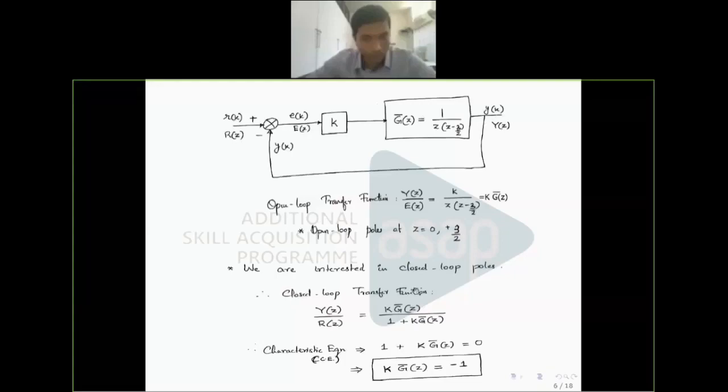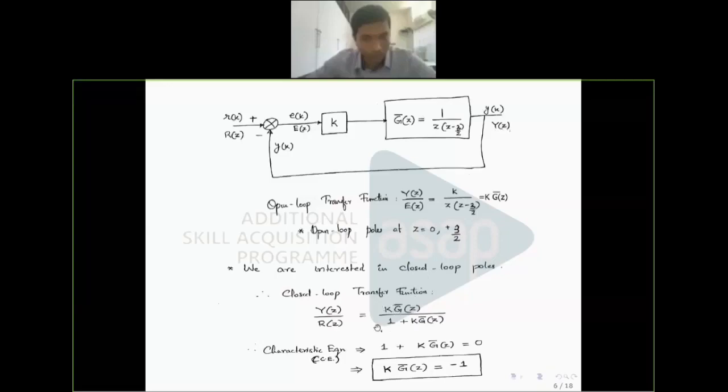So the closed loop transfer function is given by, you know how to obtain a closed loop transfer function if you are given the open loop transfer function. The closed loop transfer function is the ratio of Y of Z divided by R of Z, which is given by K G bar Z divided by 1 plus K G bar Z, where K G bar Z is the open loop transfer function.